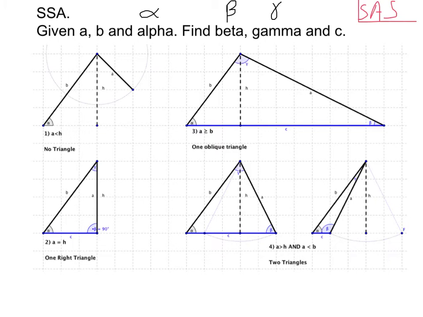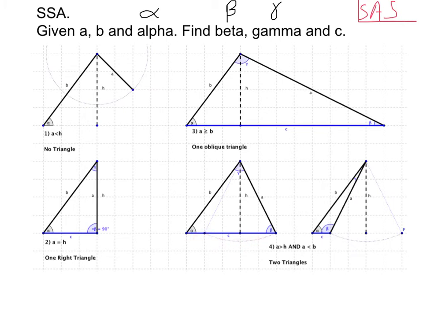I've shown two triangles with the same side length A, same side length B, and then the same angle alpha down there. And what happens is we take this side length A and we rotate it over to get our second triangle. The same length A, swing it around and it will intersect that bottom line again.